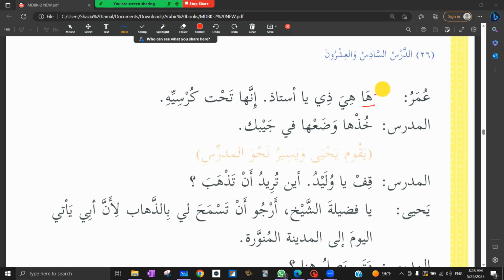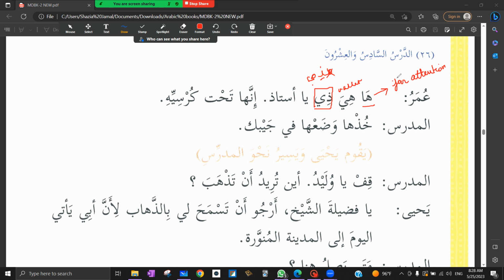Now, this is ha tanbiya, for attention. This is not the damir ha. Ha hiya. Hiya is for wallet. Like ha dhihi. So the ha is cancelled and the dh is coming here.